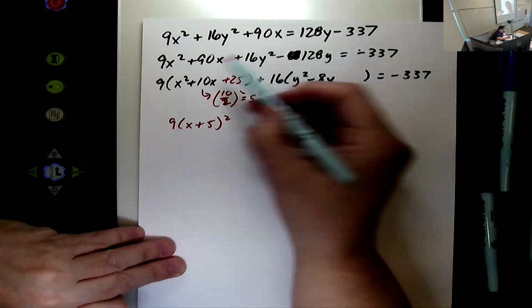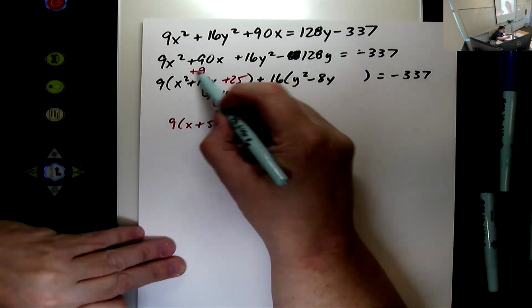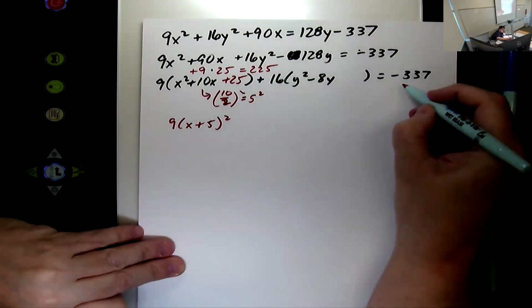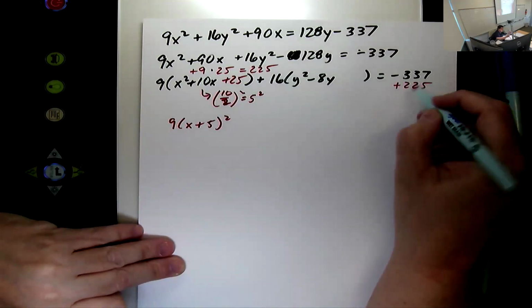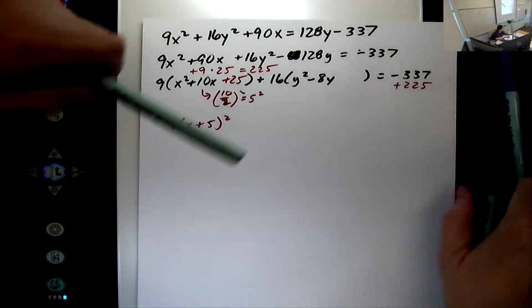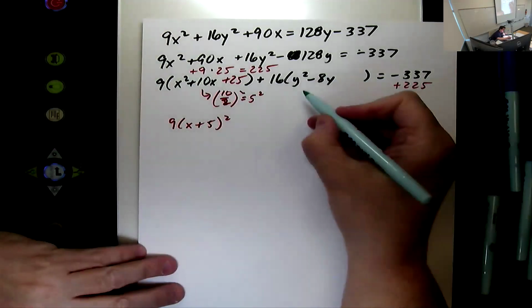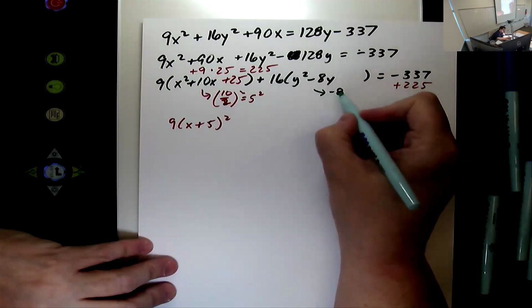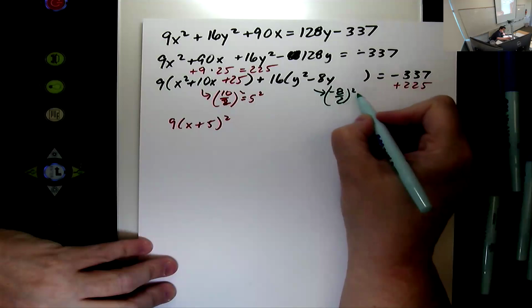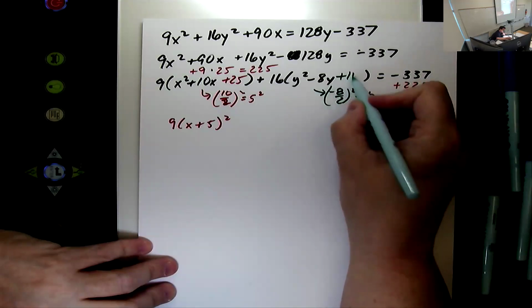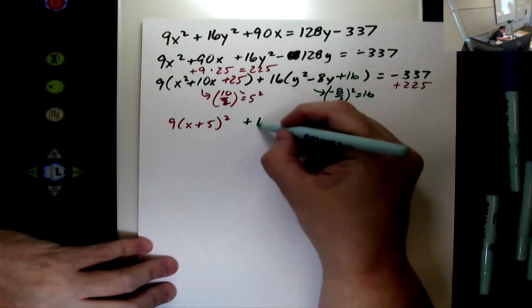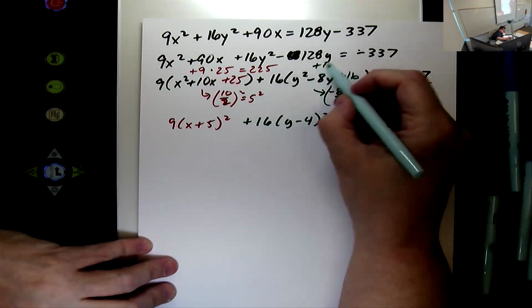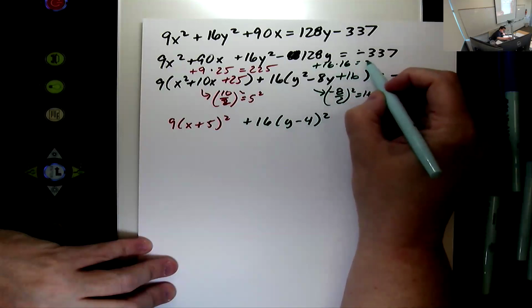And I have added 9 times 25, which is 225. And I've added 16 times 16, which I believe is 256.